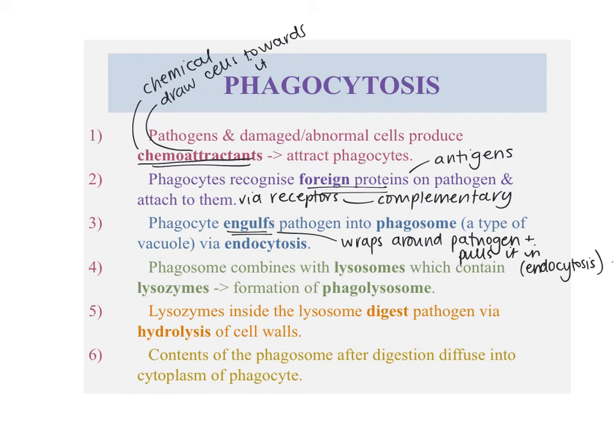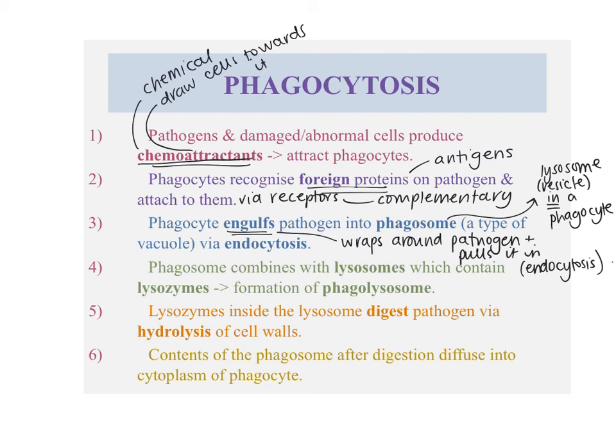In doing this, the pathogen is put into something called a phagosome. A phagosome is a lysosome or a vesicle. I'm going to just say lysosome, which we know is a vesicle, in a phagocyte. So it's being a bit more specific about what that vesicle is.